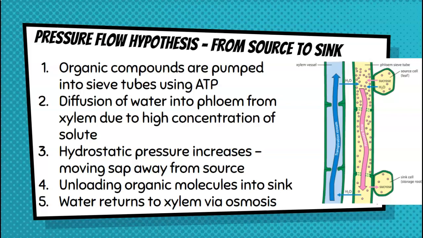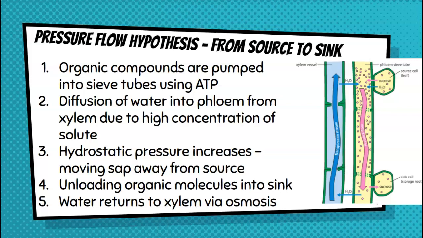It will always be referred to as pressure flow hypothesis, or if we're talking about xylem, the cohesion tension theory. You should really highlight that or underline it and make sure that you understand that cohesion tension equals xylem, pressure flow equals phloem. So, we talked about active translocation on the last slide, but number one, the first step here is talking about that again.